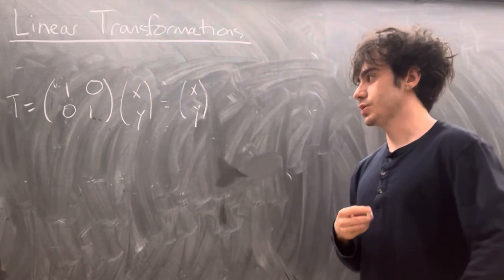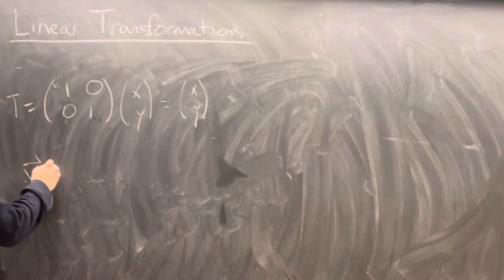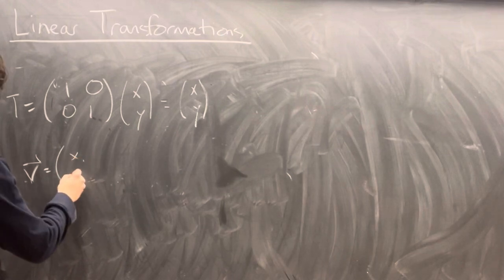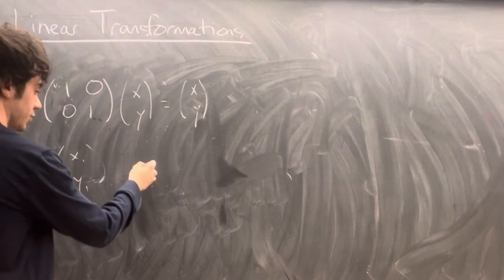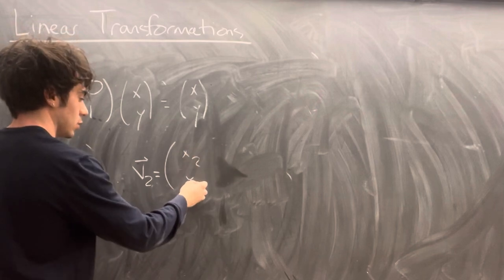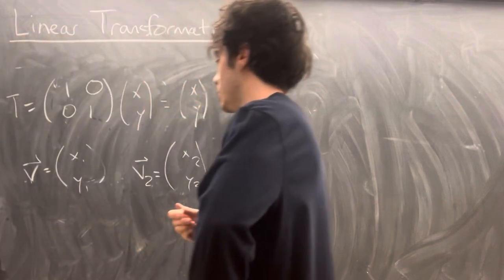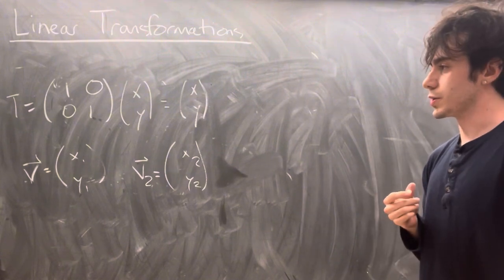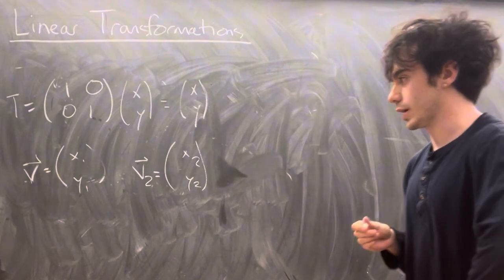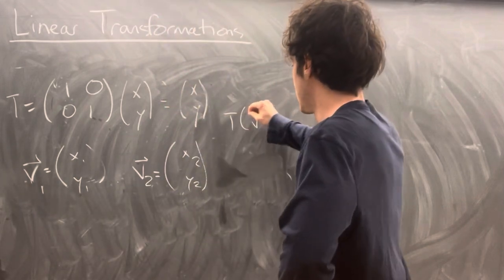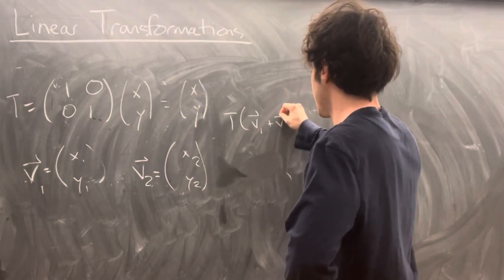So let's take our vector 1 as (x1, y1), and vector 2 as (x2, y2). Now, the first thing that we need to check is the addition condition. So let's try this, where we do T(v1 + v2).